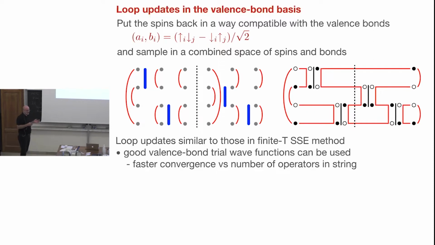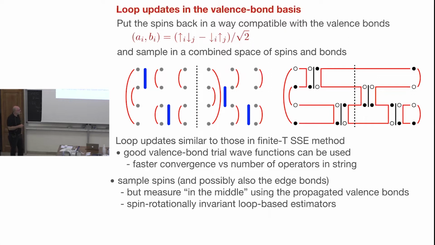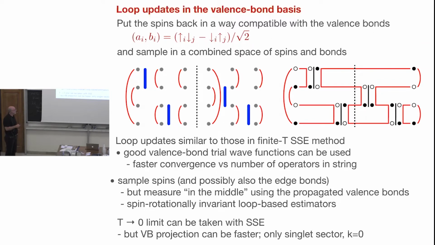But unfortunately, I don't have a lot of time to talk about that today, so I'm not going to talk about the details. Just that, well, one aspect of that is that all your estimators are from the outset rotationally invariant, right? You act on singlets and you work with singlets all the time, even if you sample in the Z basis.